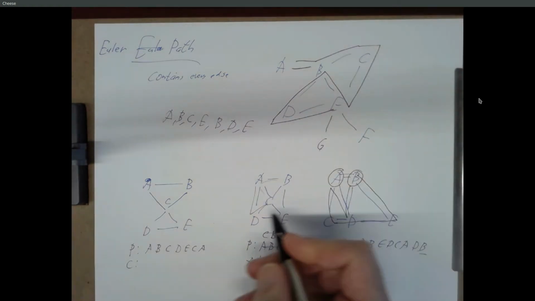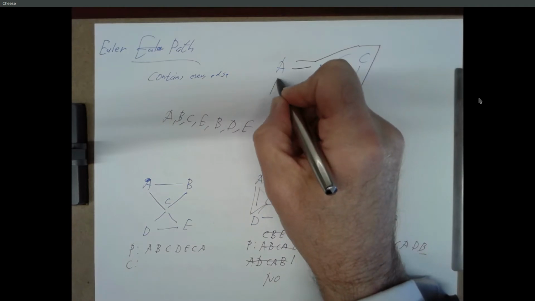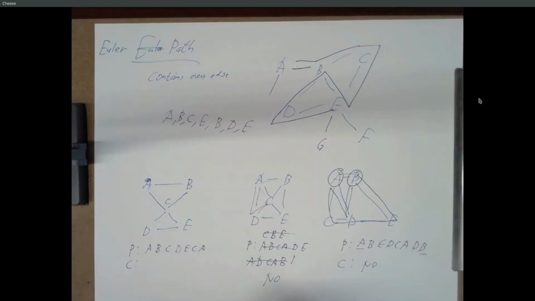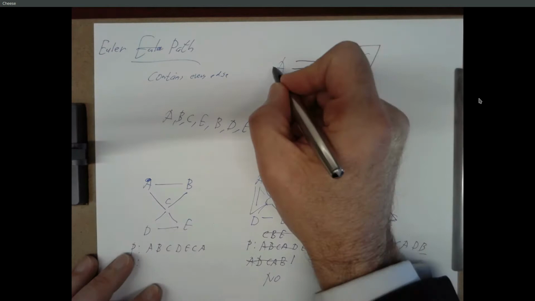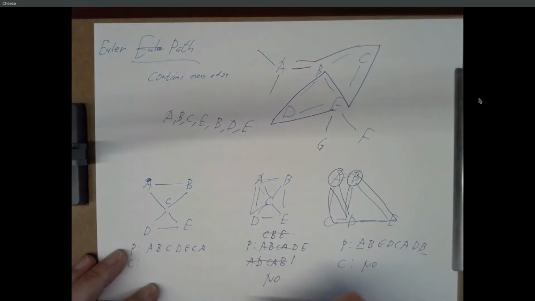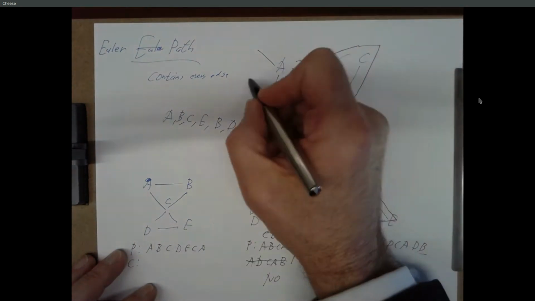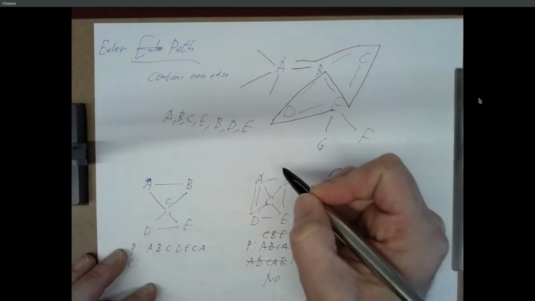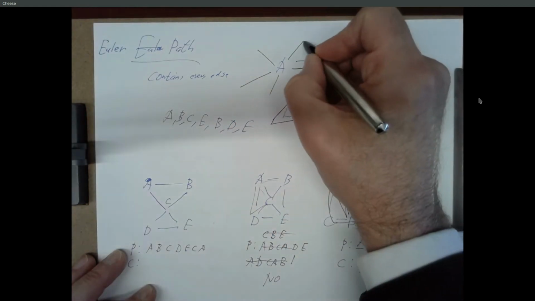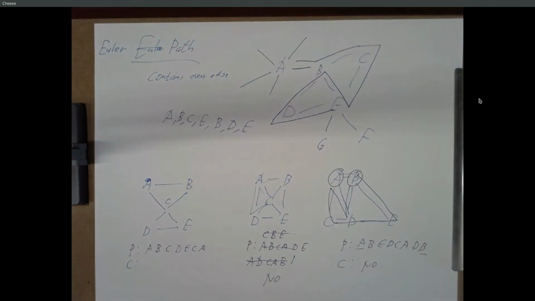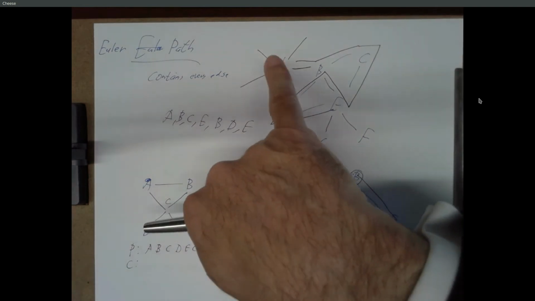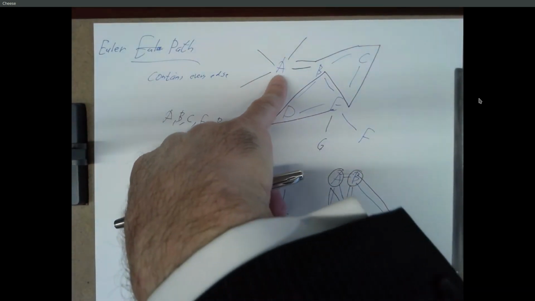And maybe at some point you get back to it, which now you have 2 edges. If you're not done, you're going to have to leave it, which means you're going to have 3 edges. And maybe at some point you come back through it. And if you're not done, you're going to leave it again, so then you're going to have 5 edges. And unless you end at the vertex you started with, the degree of this vertex is going to be odd.